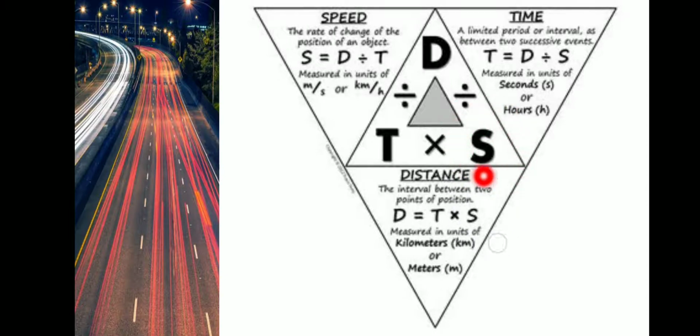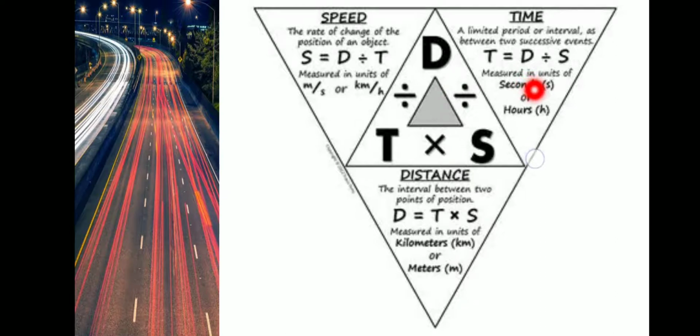Speed is the rate of change of the position of an object. Speed is equal to distance divided by time, and it is measured in units of meter per second or kilometer per hour.